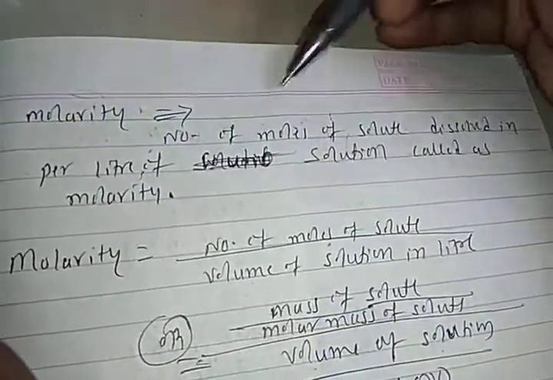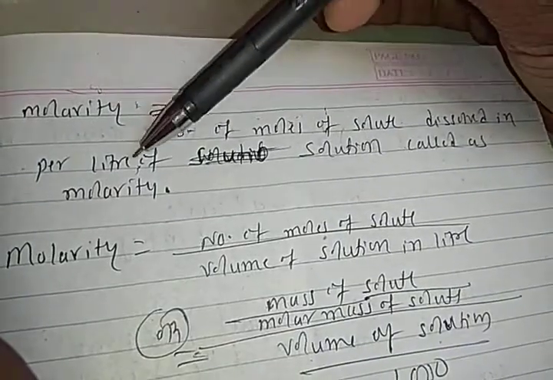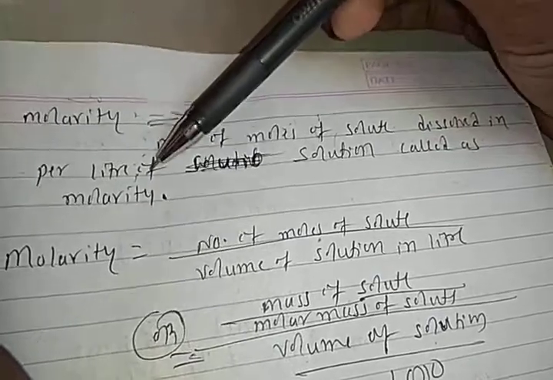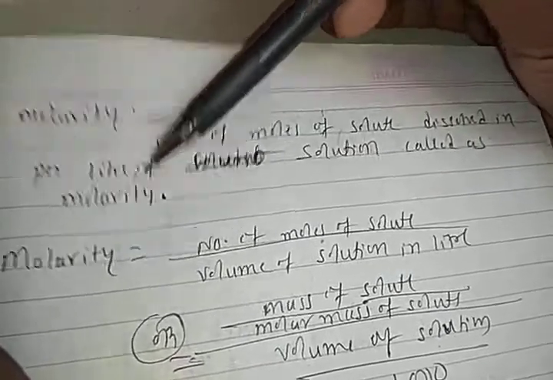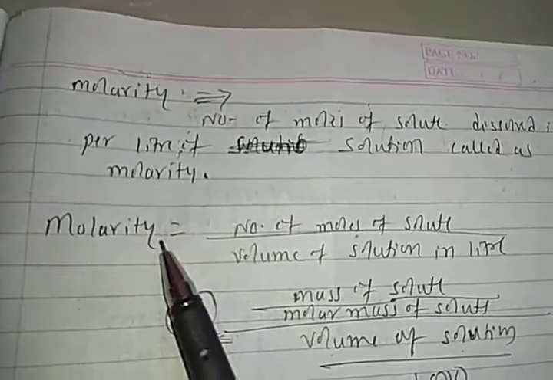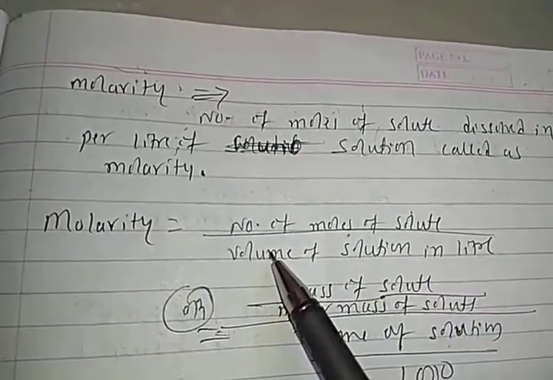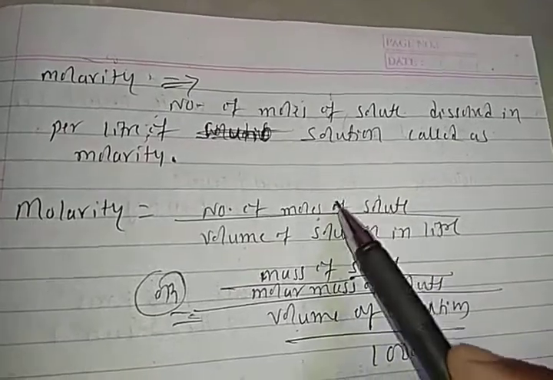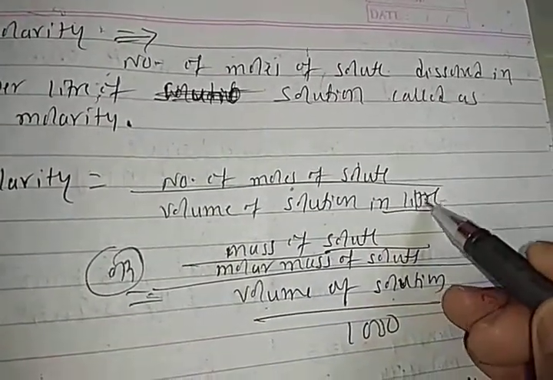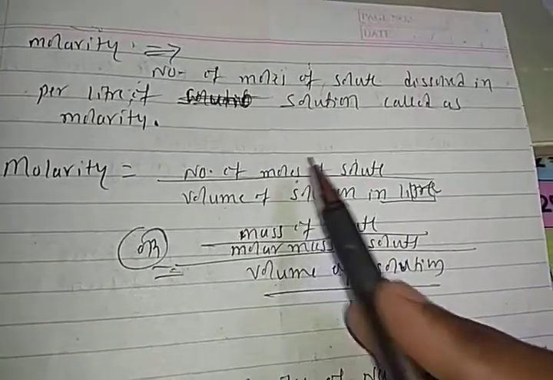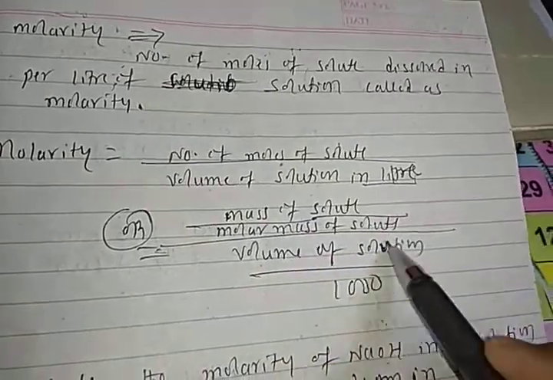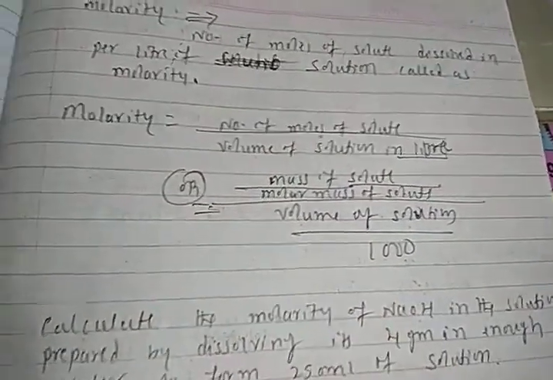Right students, moles of solute we have to find with respect to liter, and then we call it molarity. Molarity is the number of moles of solute divided by the volume of solution in liter. Moles means mass of solute by molar mass of solute. Volume of solution means volume of solution out of 1 liter.